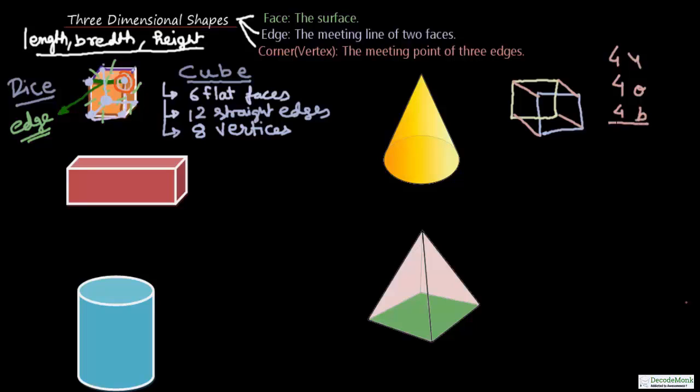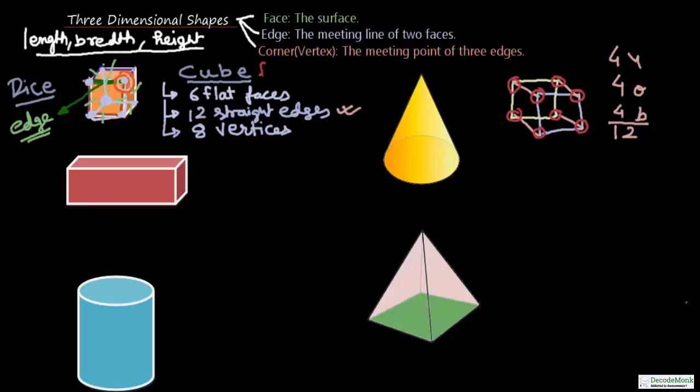So 4 threes are 12 straight edges that we have already discussed. And find out the corners. 1, 2, 3, 4, 5, 6, 7, 8. So there are 8 vertices or 8 corners.